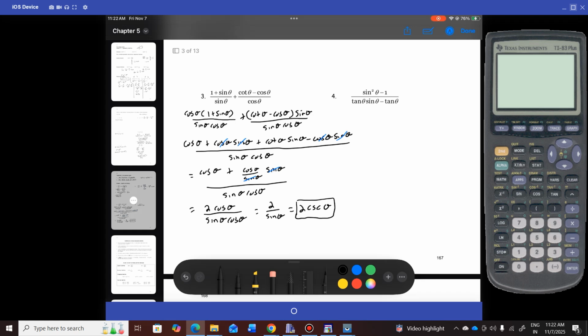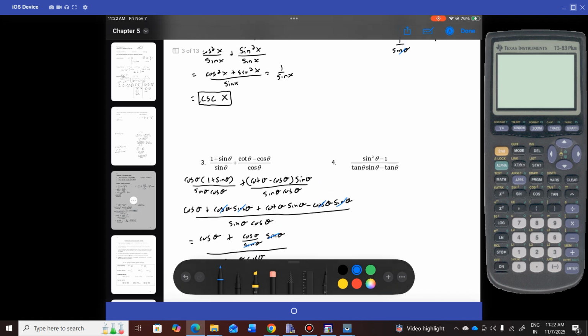We could have tried to do something different here. Maybe we could have split the fractions up. So we end up with 1 over sine.